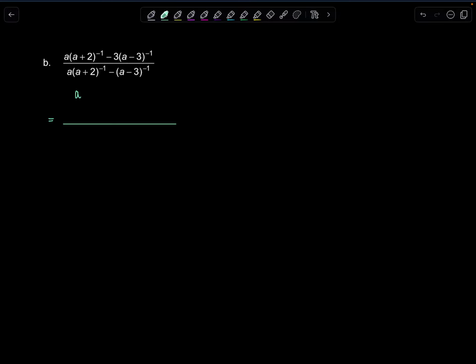So we're still going to have A in the numerator, A plus 2 goes in the denominator. Minus 3 over A minus 3, okay? A over A plus 2 minus 1 over A minus 3. Are we okay? All right.